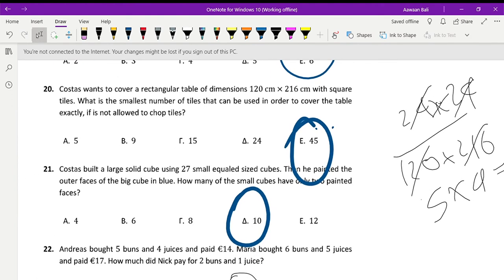And we had to get the biggest one, because otherwise there would be a longer simplification and it wouldn't work as well. So, question number 21.